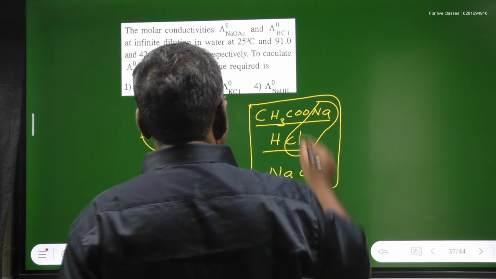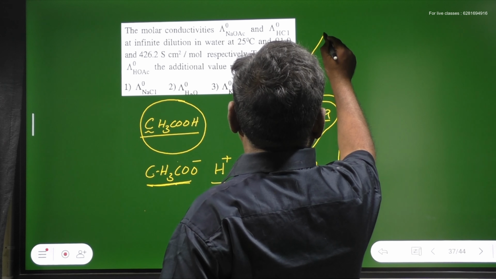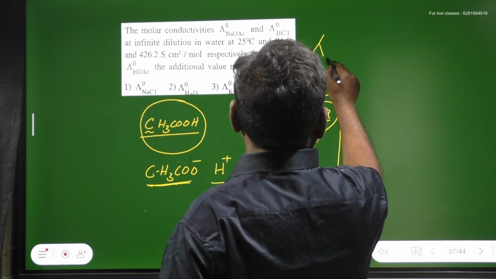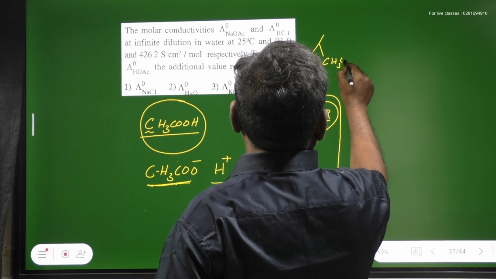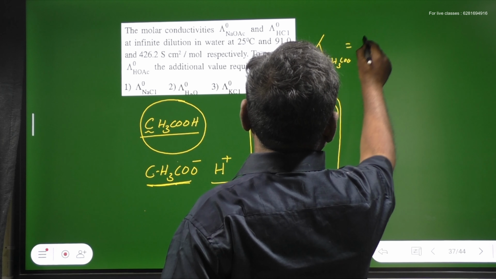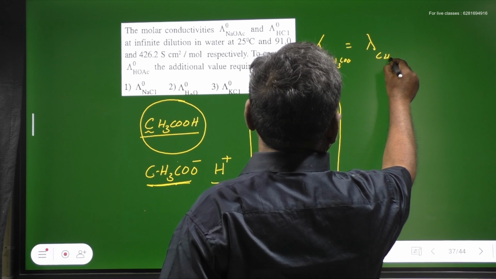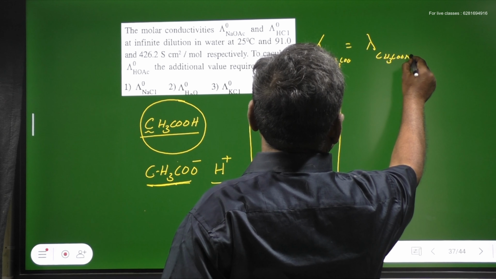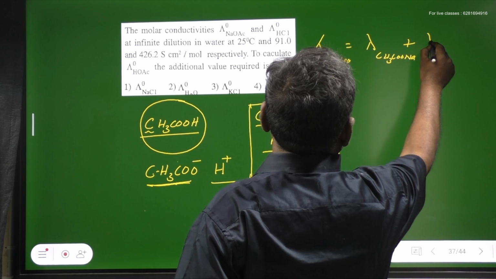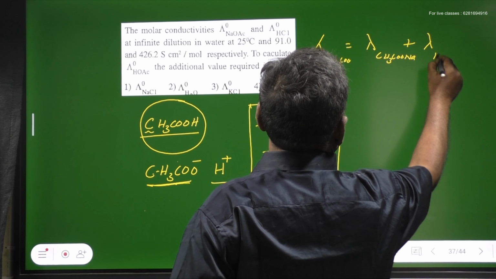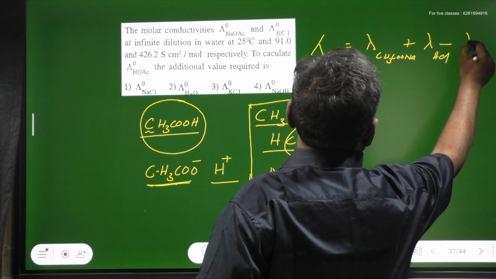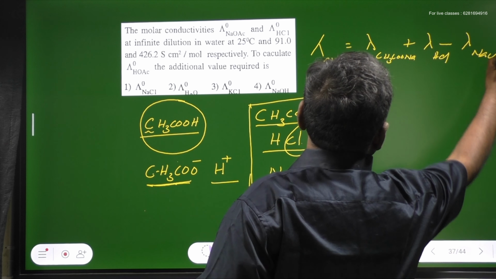That means limiting molar conductivity of CH3COOH is equal to limiting molar conductivity of CH3COONa plus limiting molar conductivity of HCl minus limiting molar conductivity of NaCl.